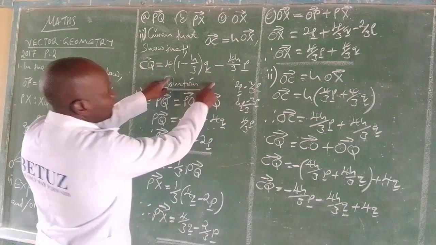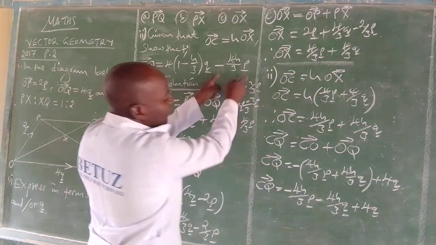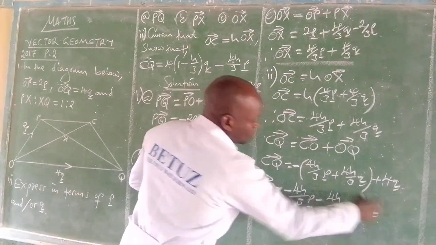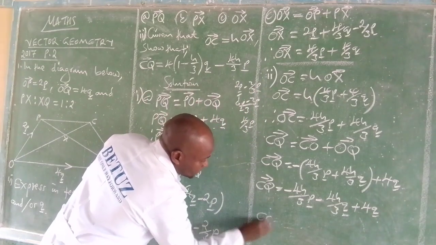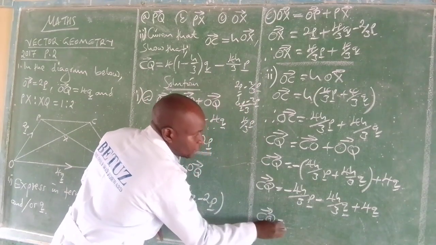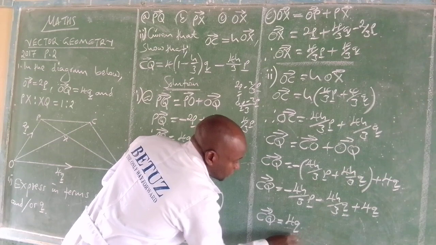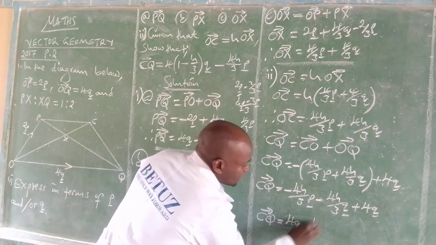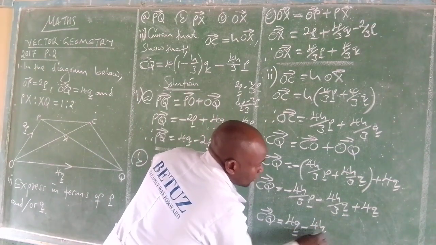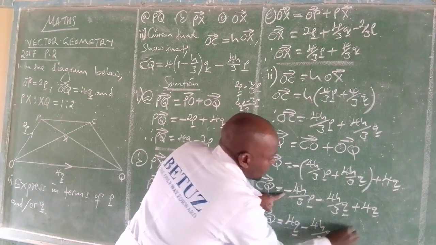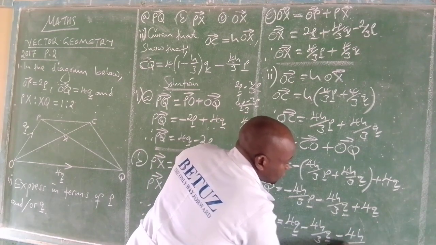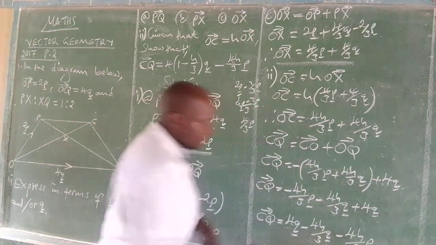The part for P is at the end, so this should go there and this should come in. Then we have vector CQ is equal to 4Q minus 4h over 3Q minus 4h over 3P.